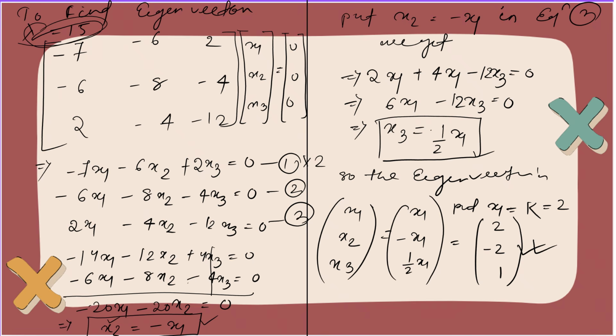So in this manner, you have to find the eigenvector of all the eigenvalues. But the thing is, when you find the eigenvector, you have three equations and three values to find, x1, x2, x3. So eigenvectors are not unique.